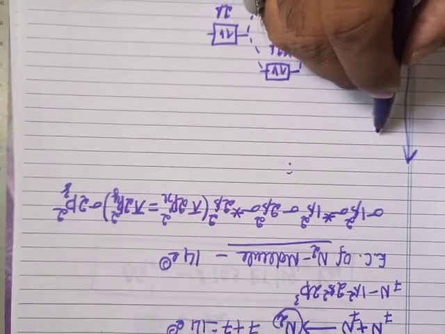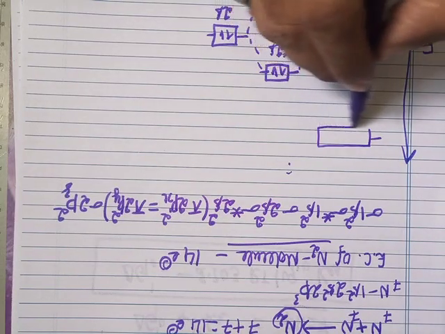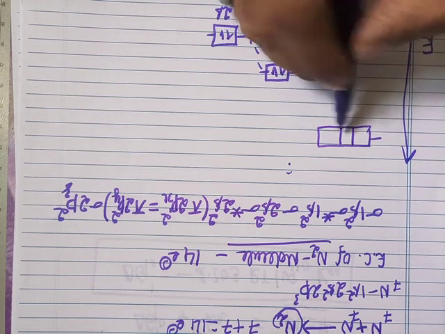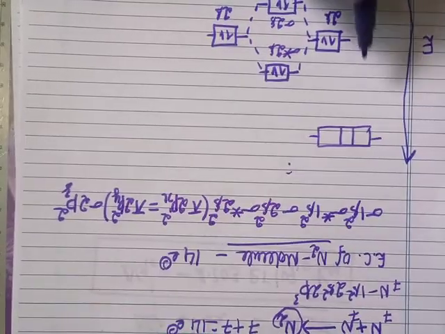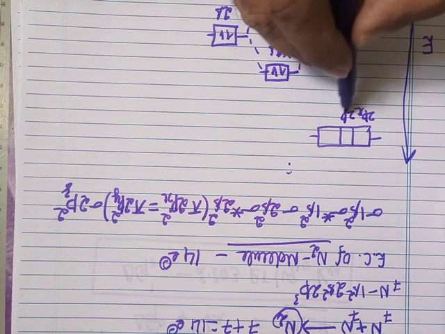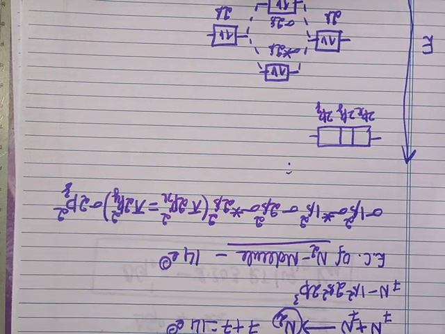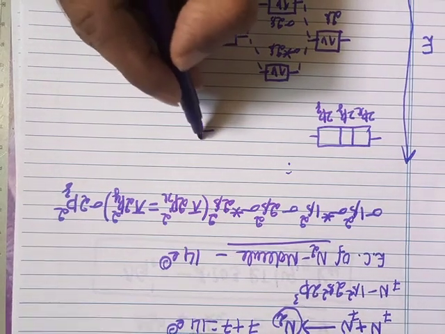Next we have p orbitals. The p orbital has 3 orientations, that is 2px, 2py and 2pz.